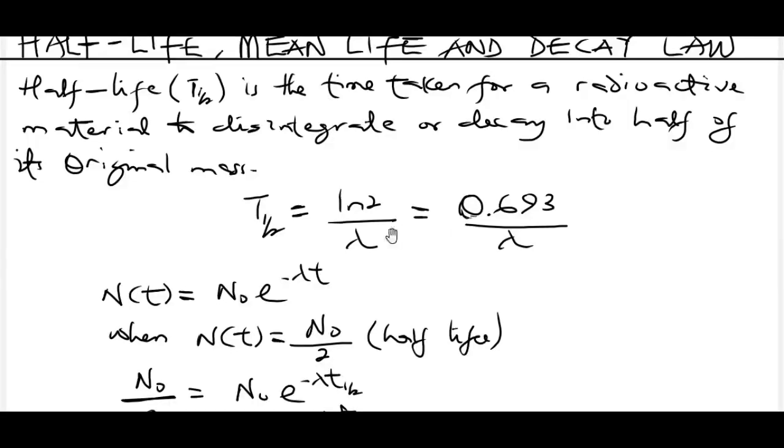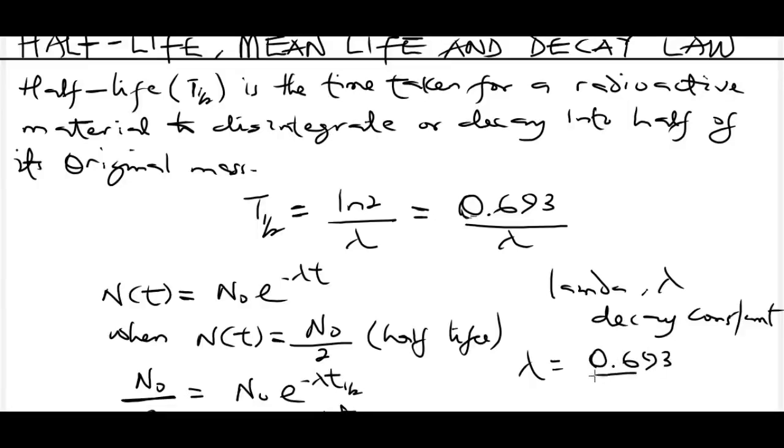So this is the formula we'll be using, and in this formula our lambda is known as the decay constant. And if you make lambda the subject of formula, you are going to have 0.693 all over the half-life. So as half-life equals 0.693 over lambda, lambda is also 0.693 over half-life.